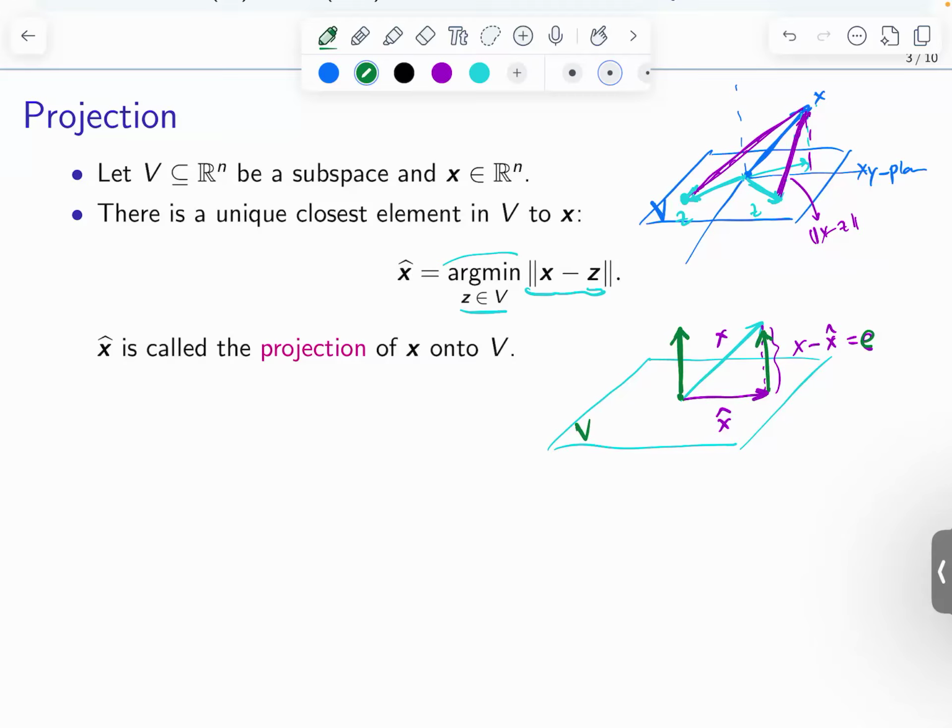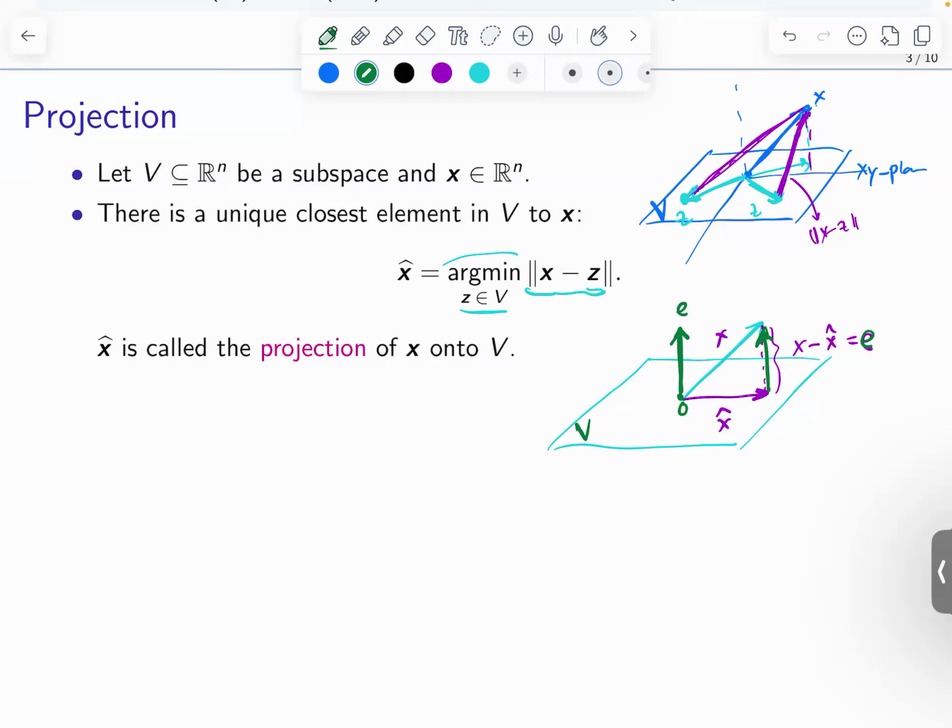So this e is going to be perpendicular to v. This is really a vector, but it's also easy to draw it there, which is when you can see that x hat plus e gives you x.